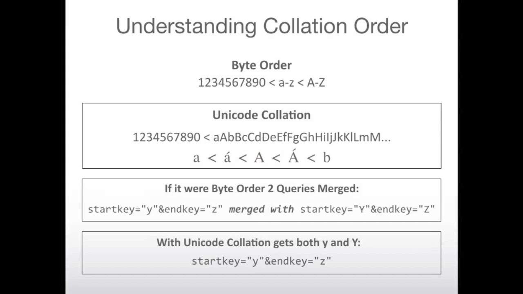But with Unicode collation, I can just go from lowercase y to uppercase. If I want to get all the y's, including those starting with y, from lowercase and uppercase, I just go from lowercase y to z, right? Because z is greater than uppercase y. So that's different. Byte order and Unicode collation are a little different from one another, and it's actually really good that we do it this way.